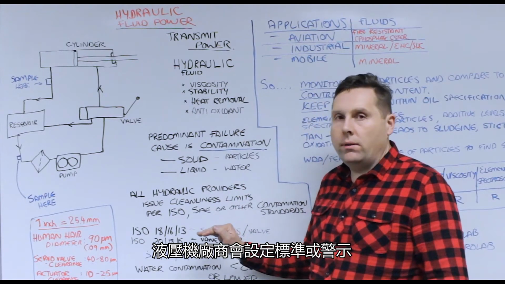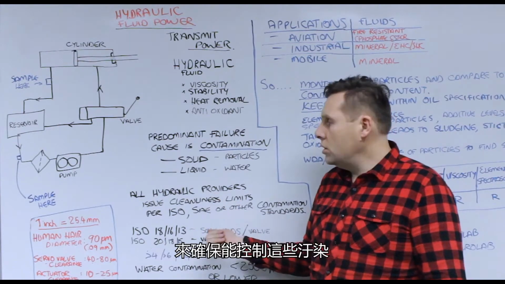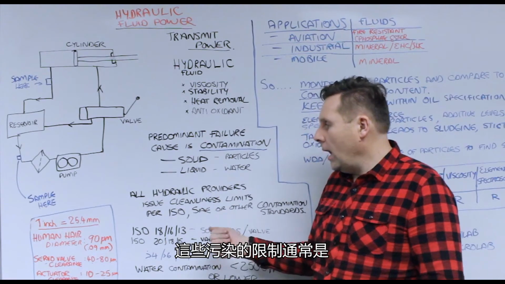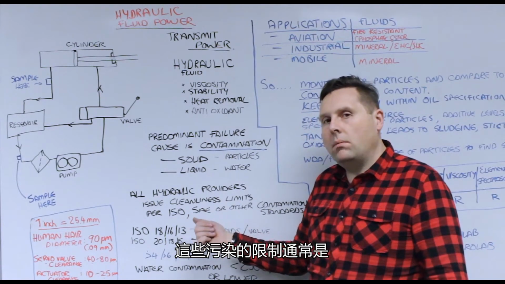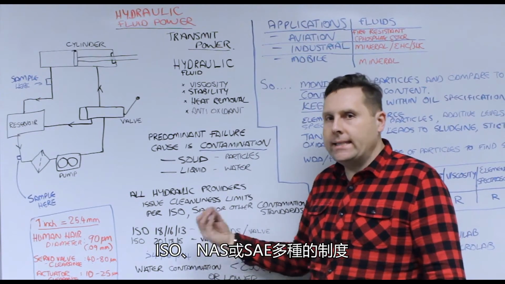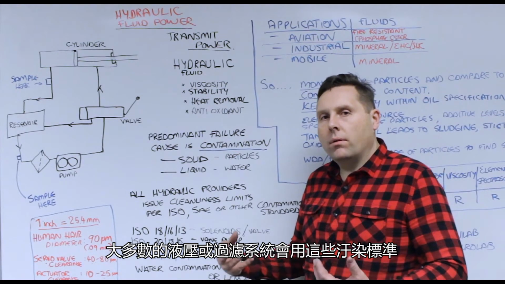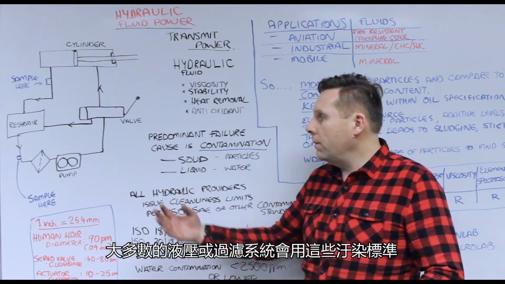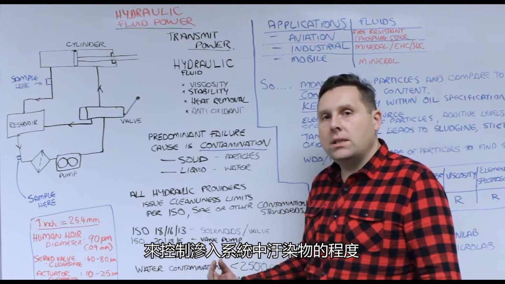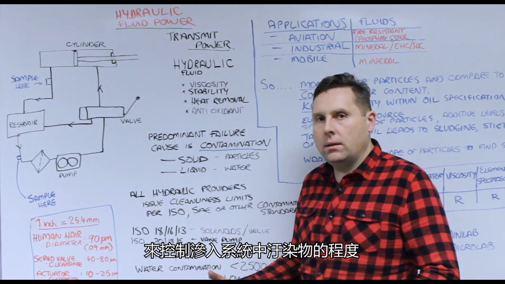All hydraulic providers of any type will provide some sort of limits or alarms to make sure that these levels of contamination are controlled. Usually they're formed into some sort of contamination code, be it from ISO, NAS, SAE, there's a variety of different societies. Most providers of hydraulic systems and the filtration systems that work for them will talk in terms of these contamination standards as a way of controlling the level of contamination getting into the system.